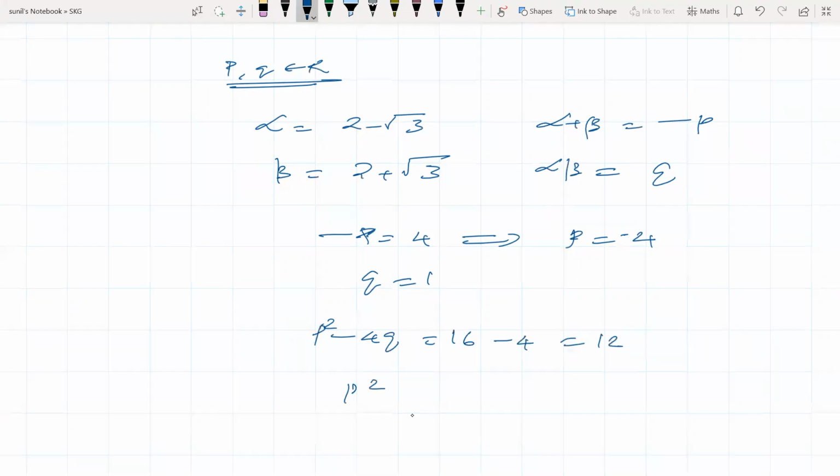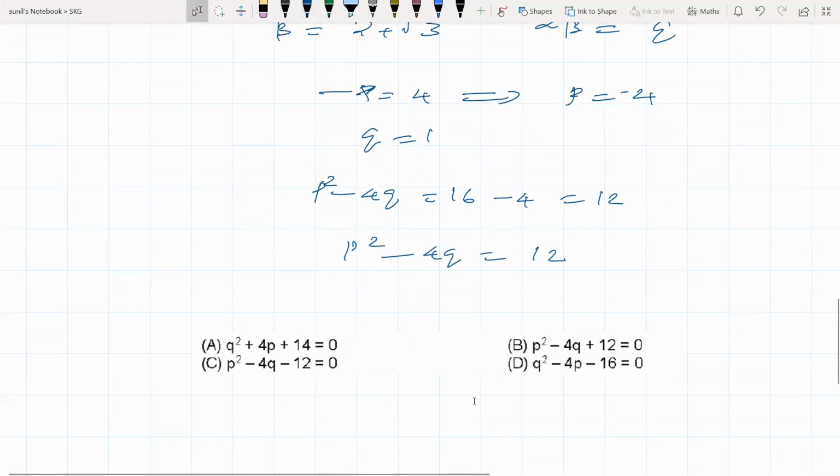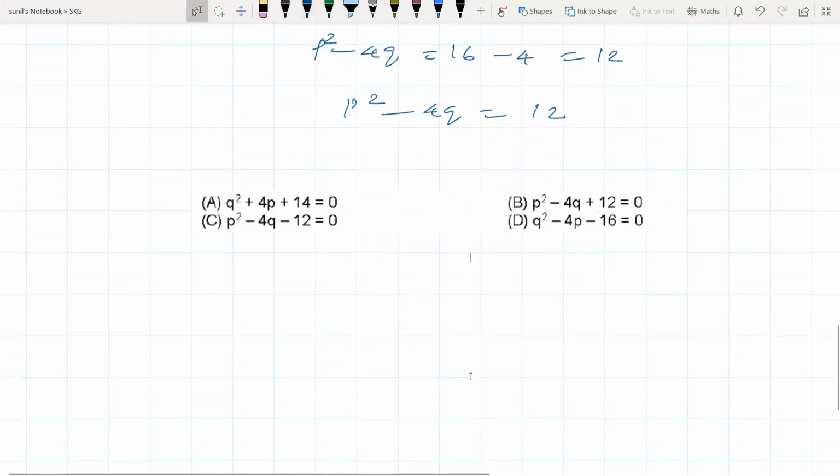So you can have the option p square minus 4q equal to 12. Let me give the options again. These are the options they gave. So clearly it is visible from here that option C is the correct option.